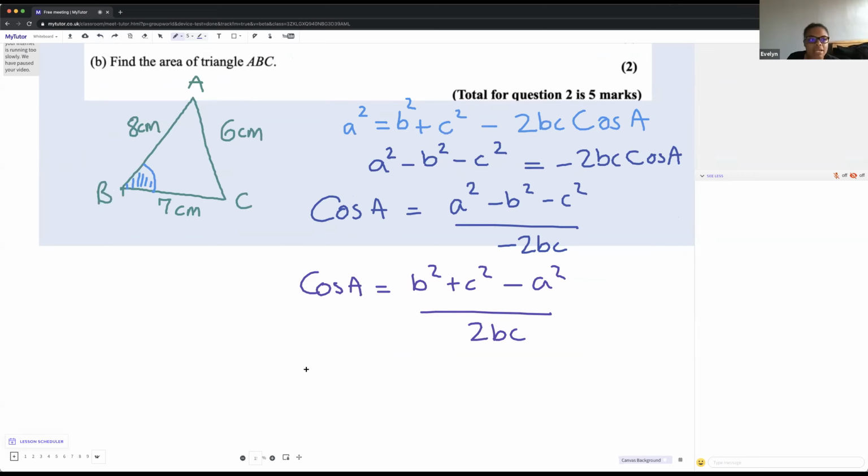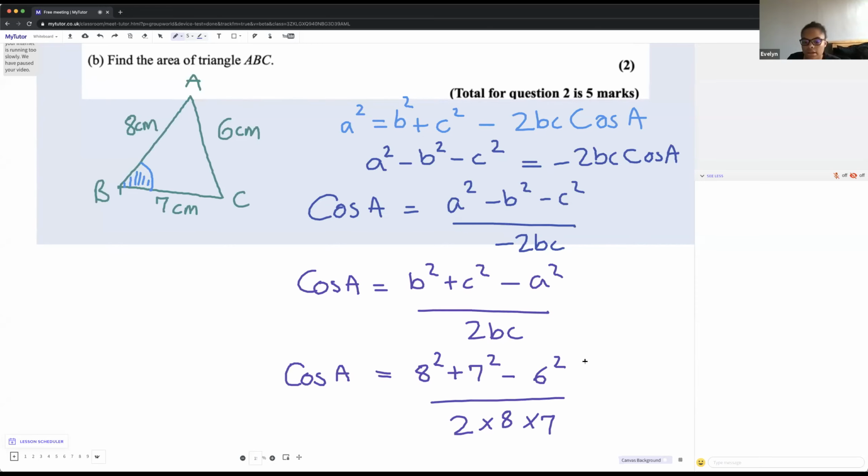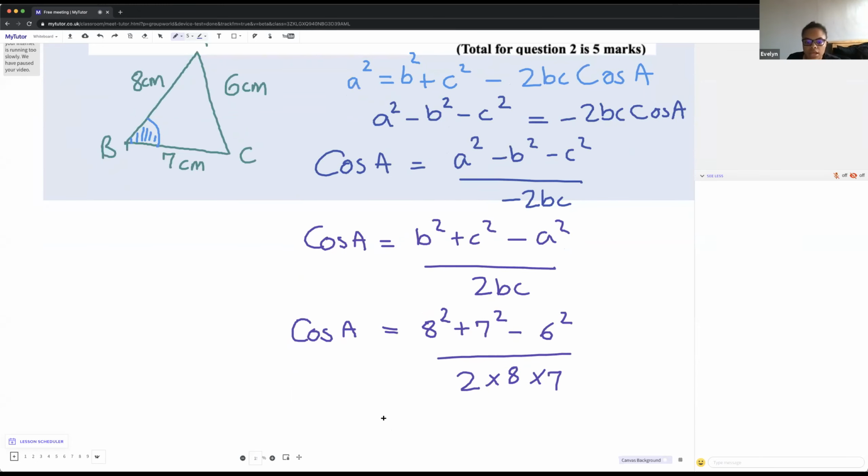But what you should have is cos of your angle A, and then substitute in your other values. So you should have 8 squared plus 7 squared minus 6 squared over 2 multiplied by 8 multiplied by 7. And then use your calculator to work that out.